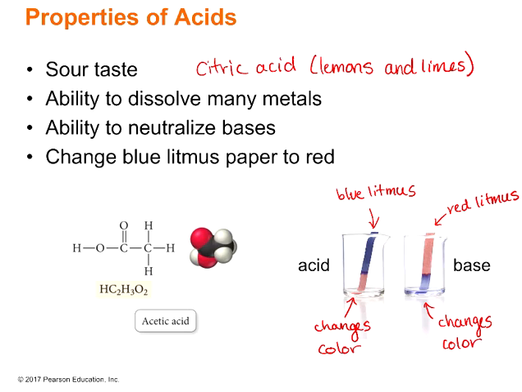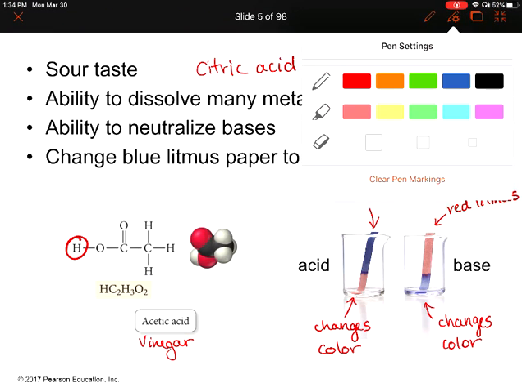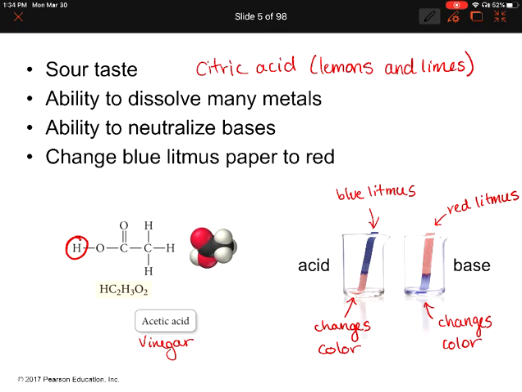On the left, we can see an example of an acid called acetic acid, and this is what's in vinegar. And on the left side of this molecule, so if we look at the Lewis structure, we have a hydrogen next to an oxygen. And we know that oxygen is relatively electronegative.